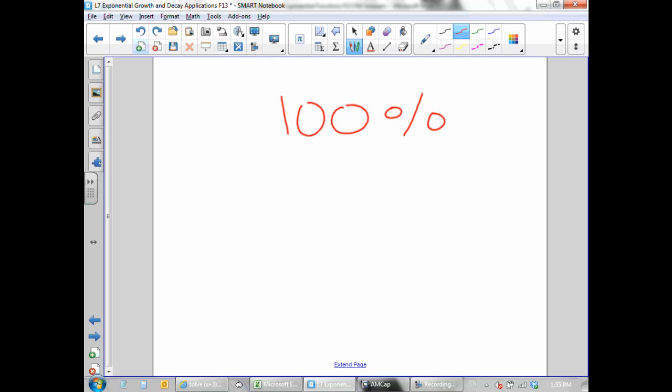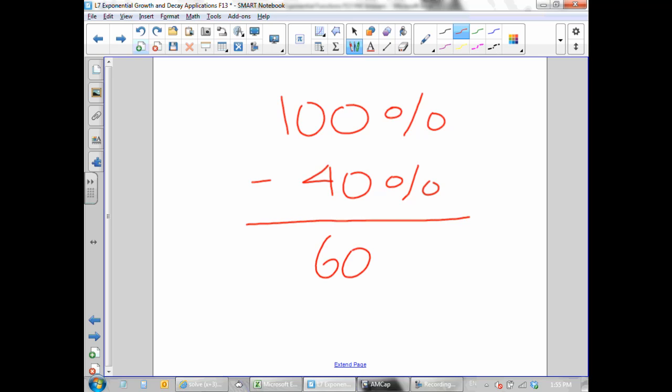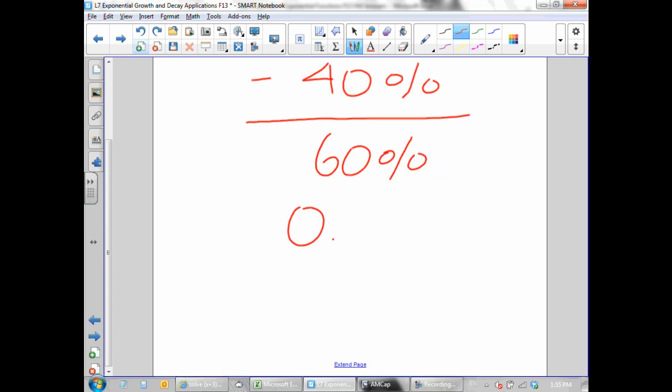Yeah, go ahead, Brandon. 60%. And the way he did that, which is correct, when you're decreasing, you're subtracting away what you're decreasing. You're left with 60%. And that's 0.6. So that's a little aside. You need to be able to do that pretty quick.